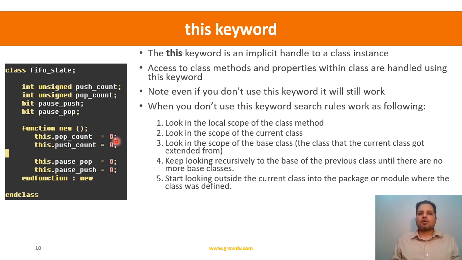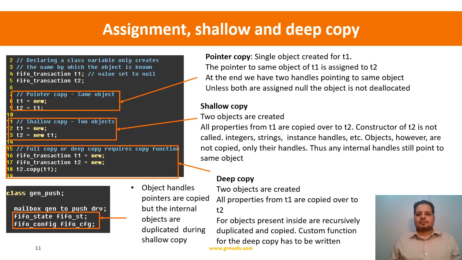There could be multiple levels, so it will recursively look through until there are no more base classes, and then it will look outside the current class into the package or module, wherever this class has been defined. So unnecessarily it will do that traversal, and you can minimize that by putting this. I think that's the main use case for the this keyword.